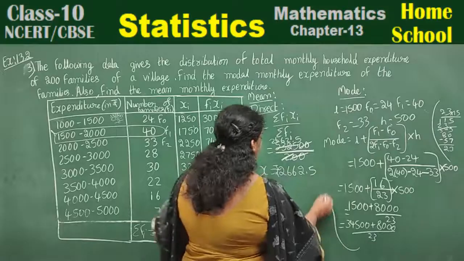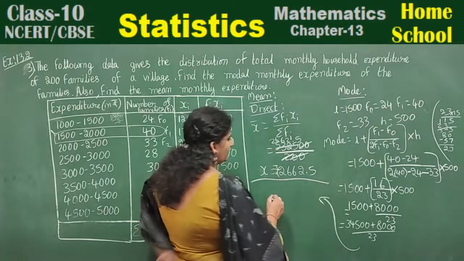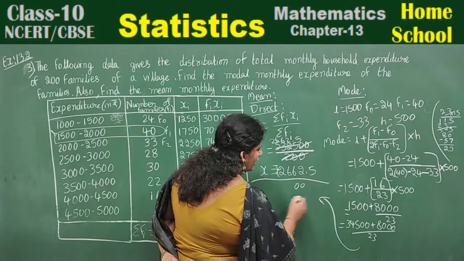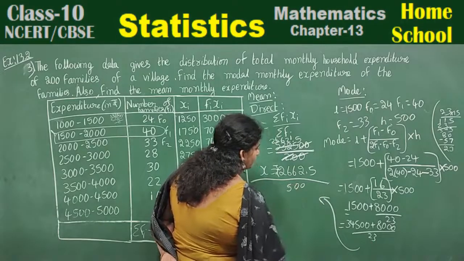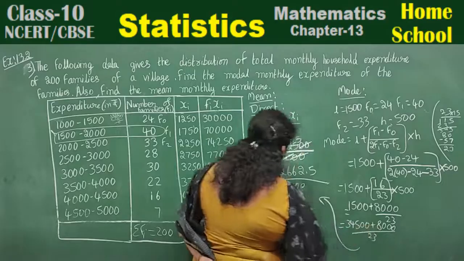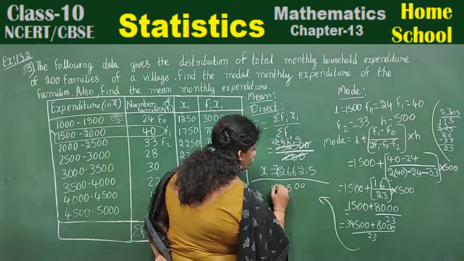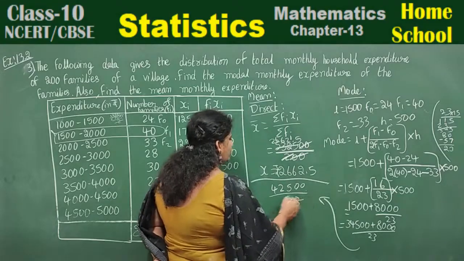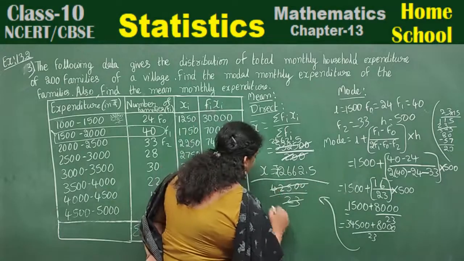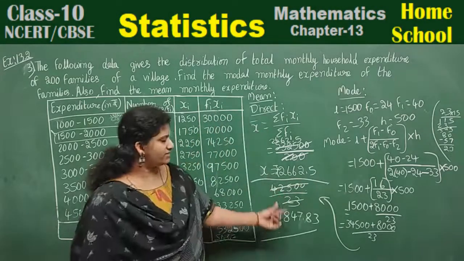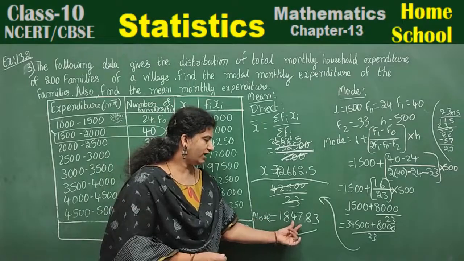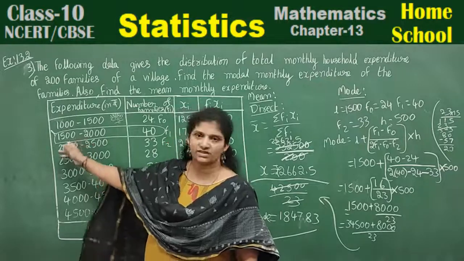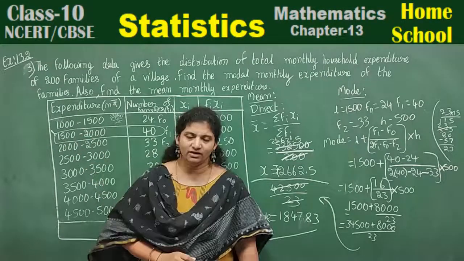Add this and write here. It will be 42500 by 23. If you divide, you are going to get 1847.83. 1847 is in between this class interval, right?